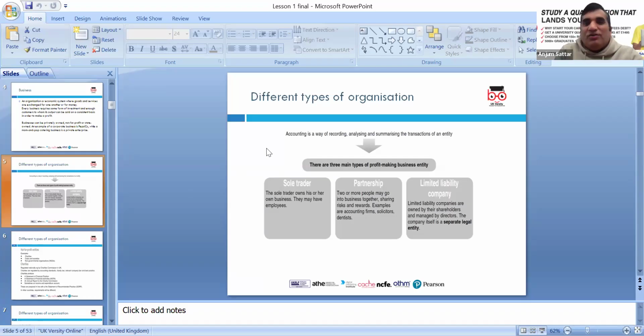Companies we can register at Companies House. Limited liability means no one can claim from your personal assets.